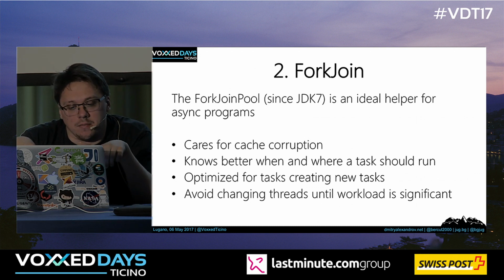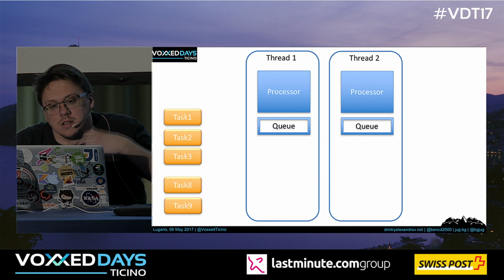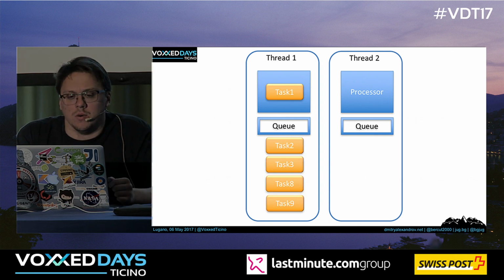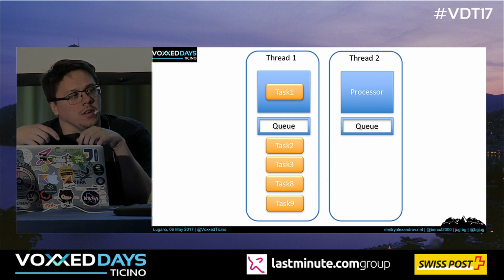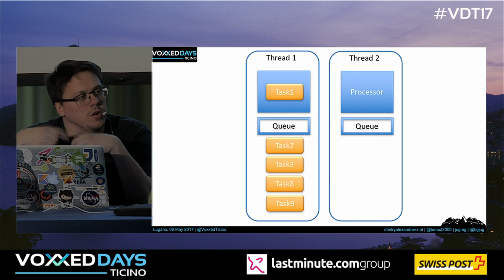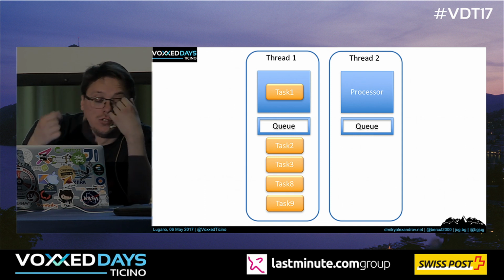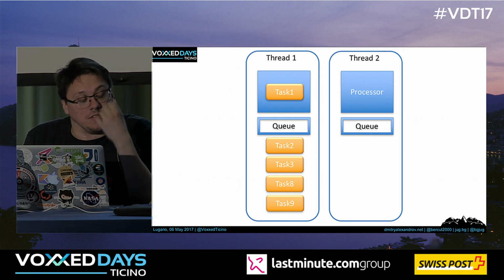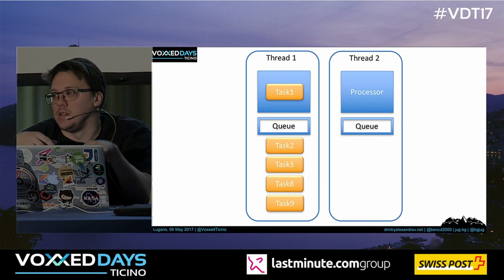If we take a look at our process and have several tasks in it, the idea is that if we have the resource, we'll put everything in one thread, because then the caches will be filled with the information that you use most often, and you will really benefit from the idea that your data is already in the cache of this thread, of this processor.